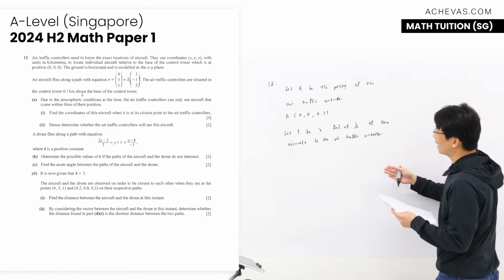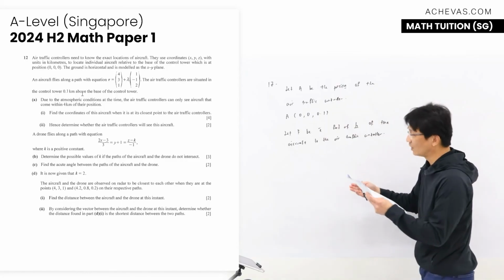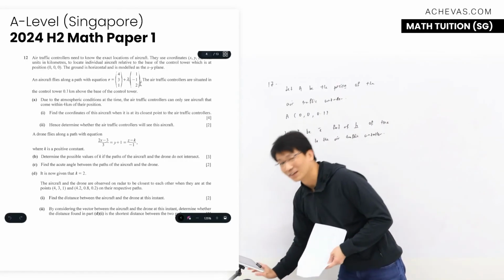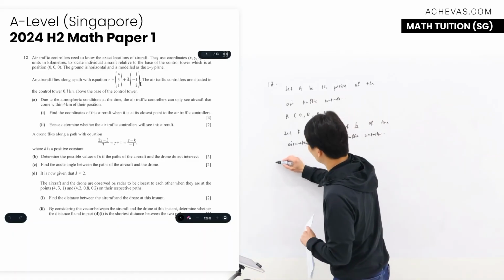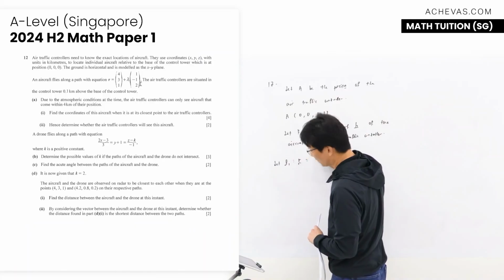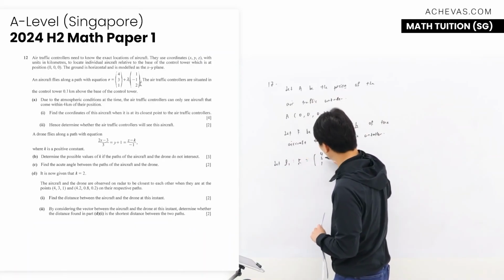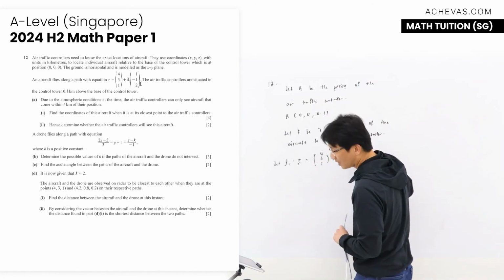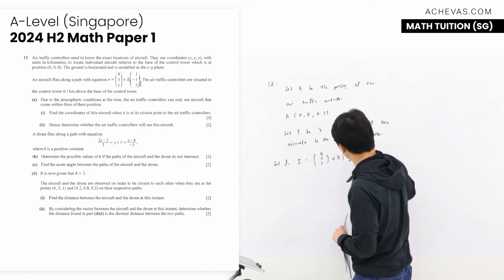And since F lies on the line, actually I know that my foot of perpendicular will lie on this particular line here. Let me let L1 be the equation of the line first. This is (4, 3, 1), the path of the aircraft, plus lambda (1, -1, 2).